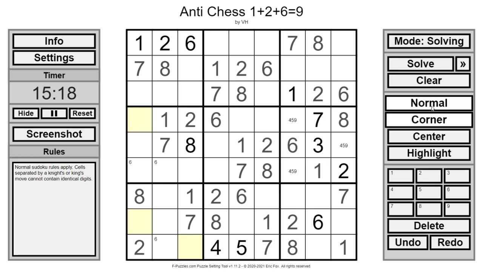Alright, we are nearing the end of this puzzle. We are missing 9 and what else? 3. That's solvable. This 3 hits that square and that square by anti-knight.